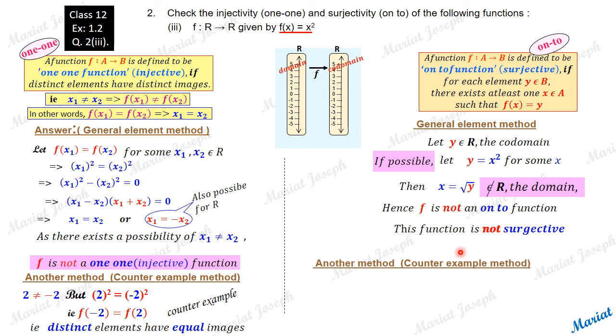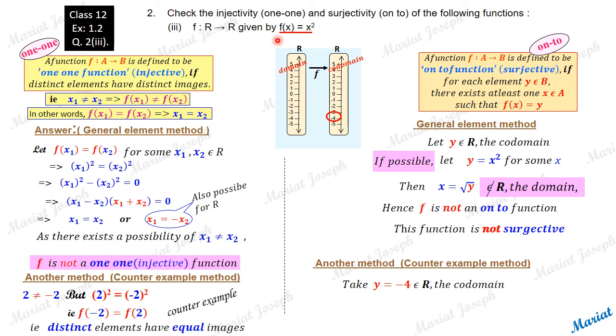Now, the same proof could be done using a numerical example, a counter example. How is that? I'm taking y equal to minus 4, a numerical example, y I'm taking from the codomain. Now look, is it possible to have an x in the domain for which x square would become minus 4?